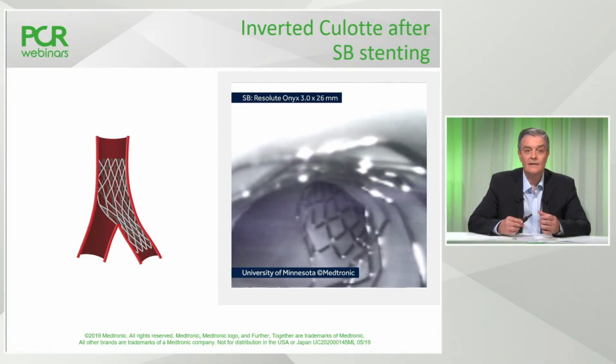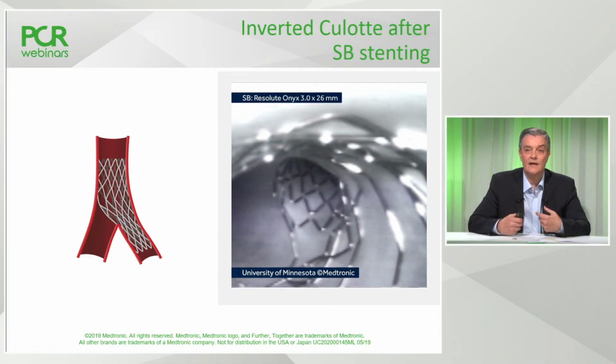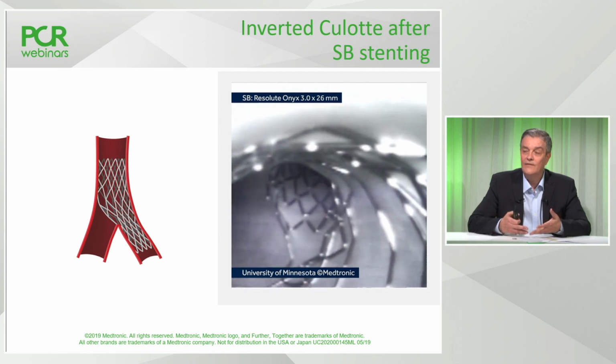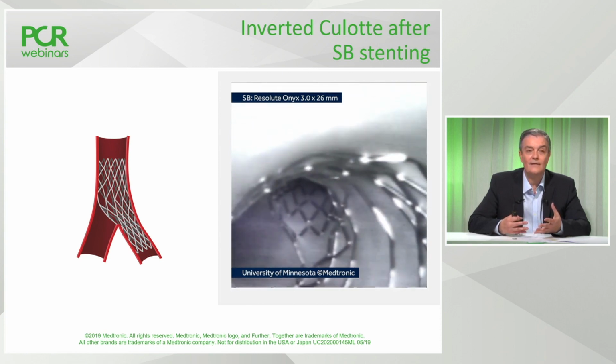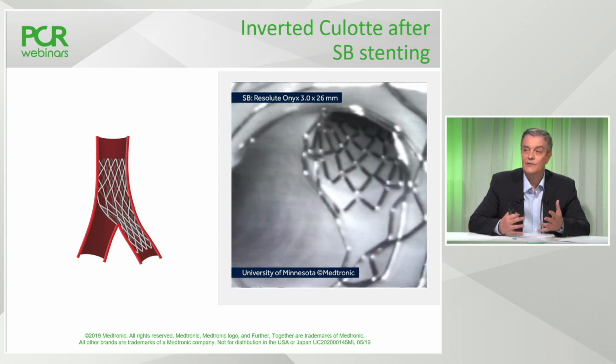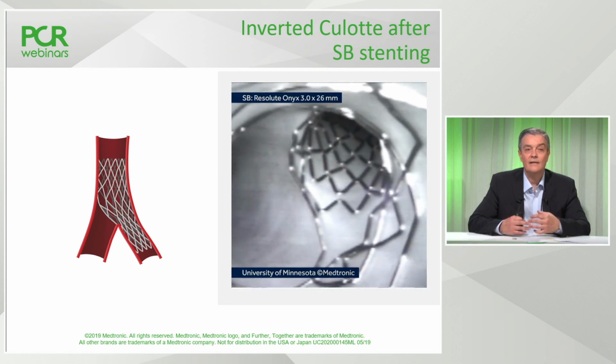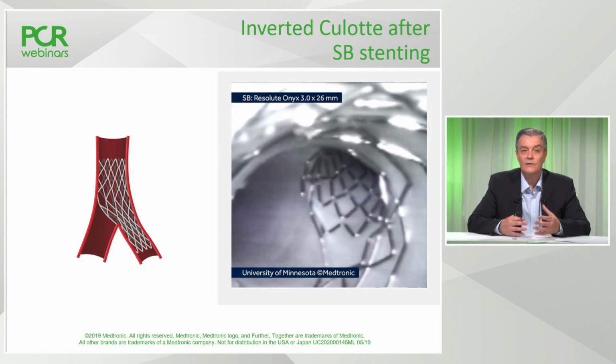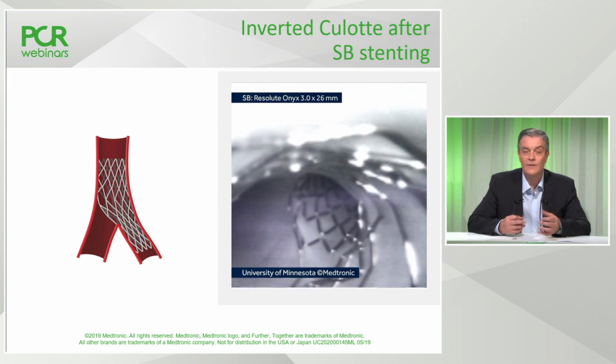Now we proceed. This is a visible heart model. It's actually an animal model. It's a pig heart, but it's a beating heart and it's perfused. So we use angioscopy to review from inside the coronary artery different steps of bifurcation stenting. And it's done in cooperation with Medtronic and University of Minnesota.